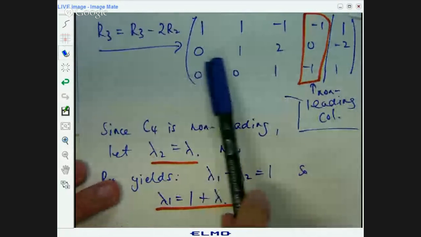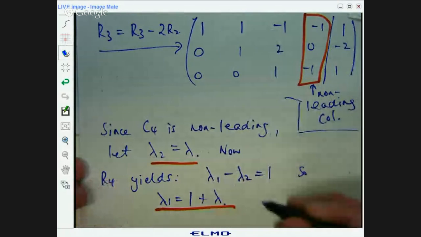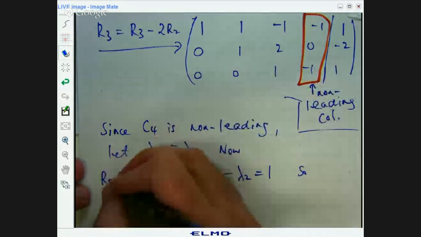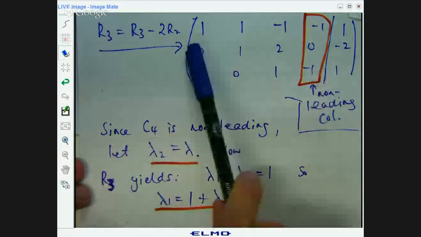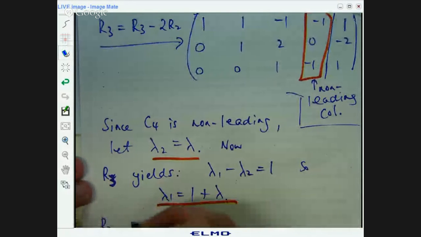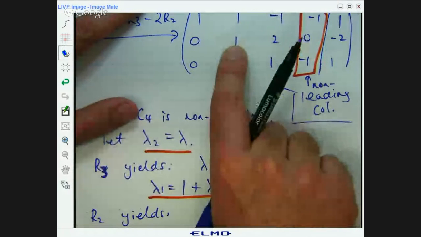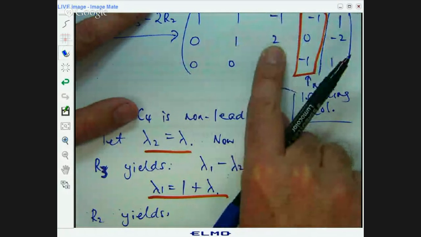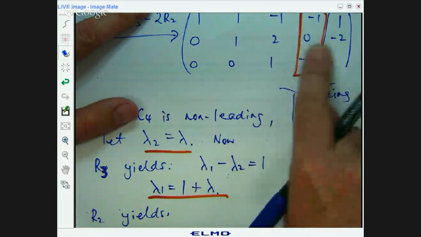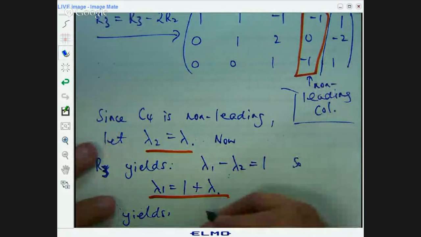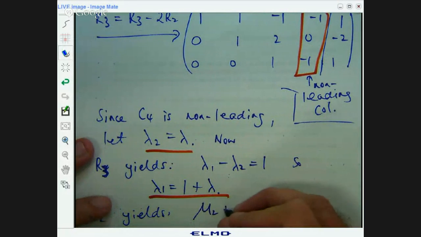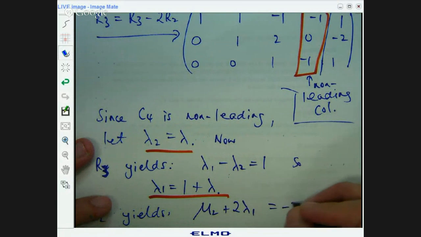So let's look at row 2. Oh, sorry. Did I say row 4? No, row 3. That's row 3. Row 2 now. So what does row 2 tell us? Row 2 tells us 1 mu 2 plus 2 lambda 1 plus 0 lambda 2 equals -2.